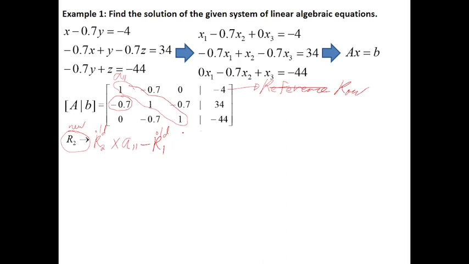So we continue now. R1 old, or should I say our reference row. This will be our reference row. A11 is also a reference because it is along the major diagonal.